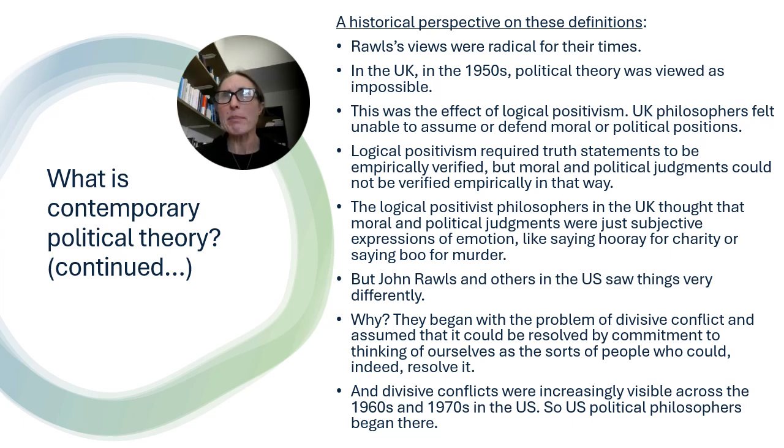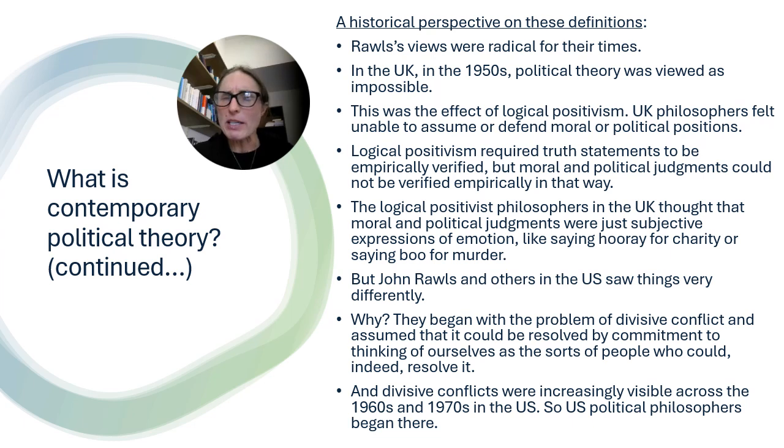And while it made sense that in a context of competing ideological views of science linked to the place of science in Nazi and fascist regimes across the 1930s and 40s, while it might make sense for the philosophers to have wanted to reject ideological science and return to the idea of empirical verification and objectivity, it did leave philosophers unable to say very much about moral and political judgments.